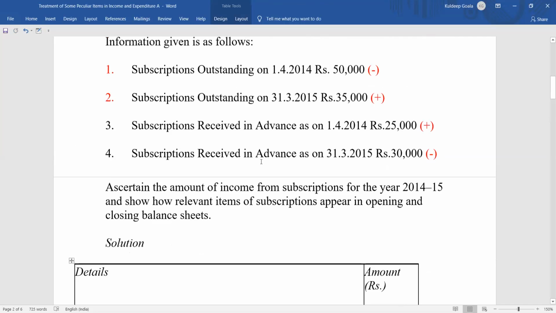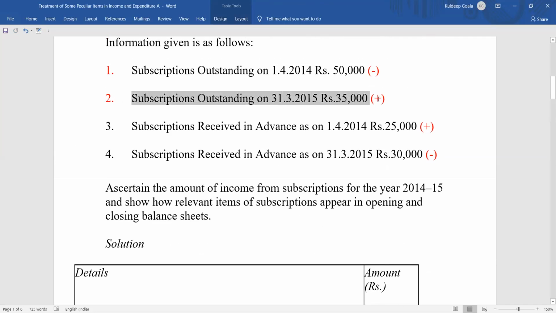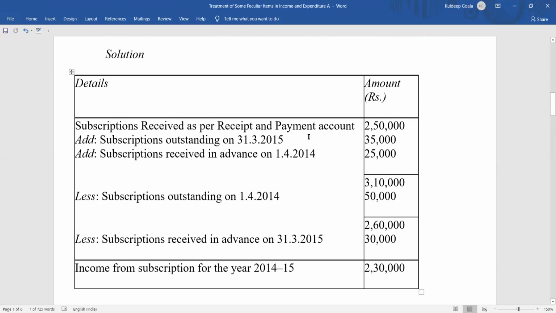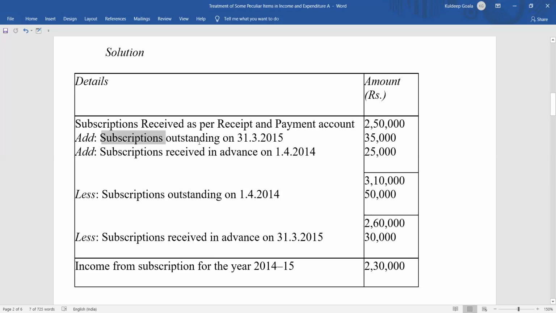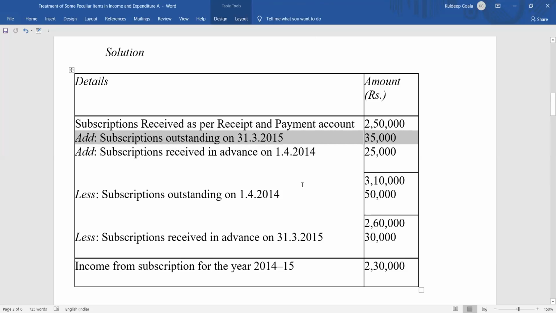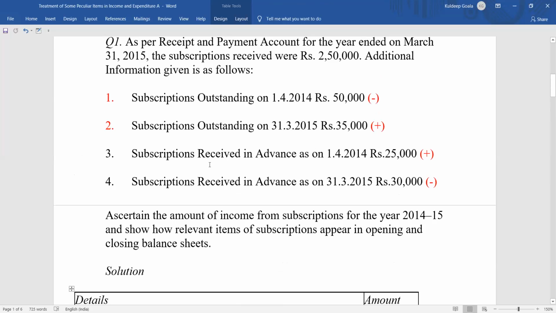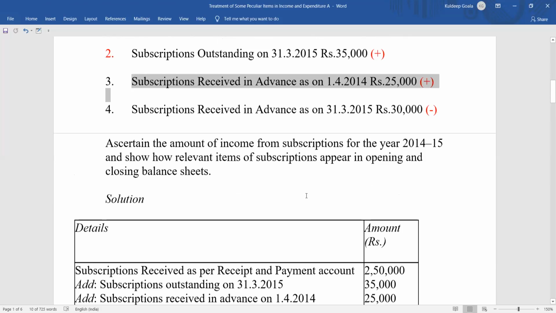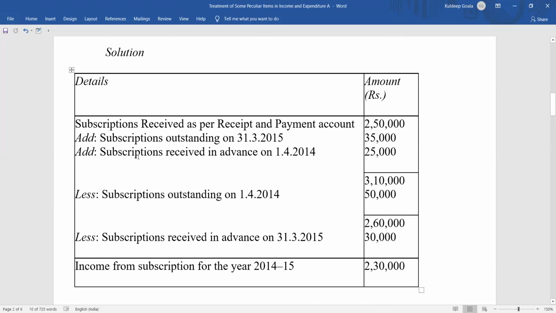Then let's see what the add items are. We'll write first: add subscription outstanding on 31st March 2015, 35,000, added. Clear? Then what is the next add item here? Add subscription received in advance on 1/4/2014, 25,000, it has come.